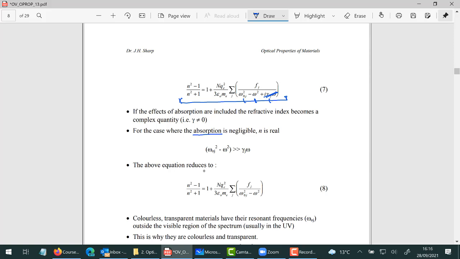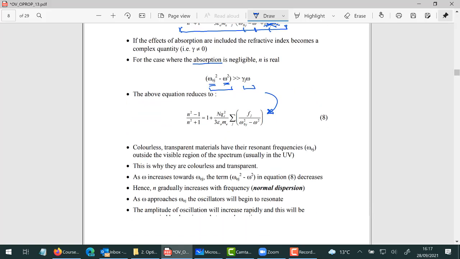So if the difference between the resonance frequency, or the natural frequency, and the driving frequency is big, in other words, as long as you stay away from resonances, then this number is going to be much bigger than that number, and so we can ignore that number in our equation. And it simplifies then to this form here.